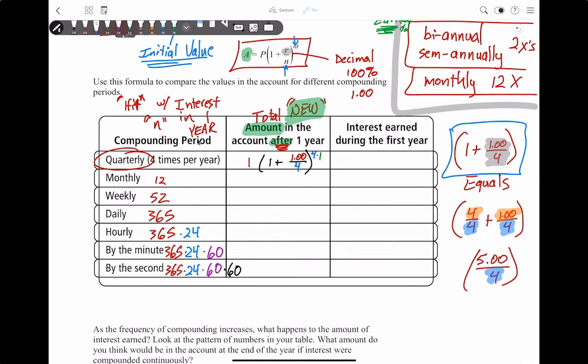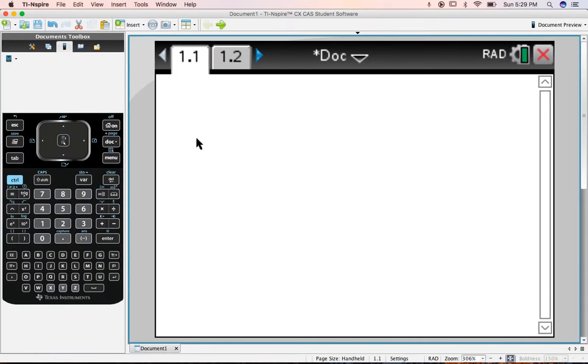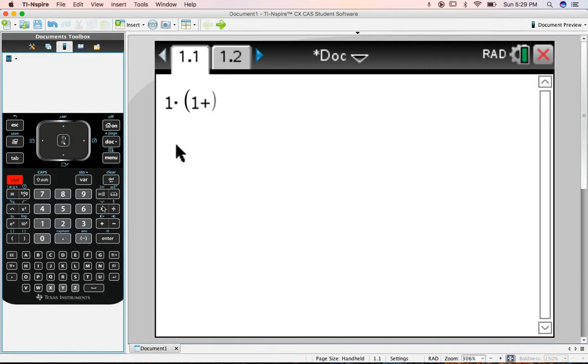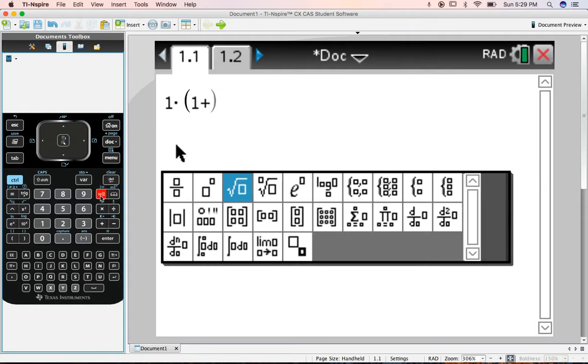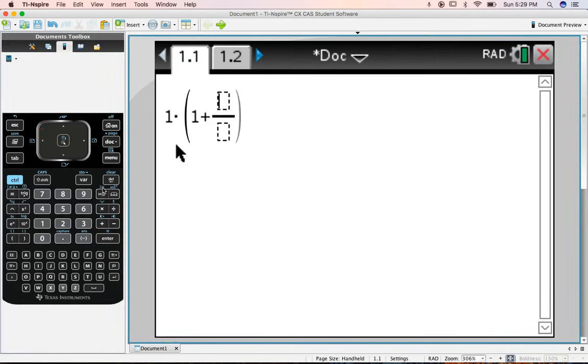All right, so let's go ahead and enter into the calculator what we just did. We started at 1, we multiplied with our 100% that we're starting with, plus you could do control divide to get this, or just a little review, you can also press this key next to 9 to get that nice pretty little fraction.